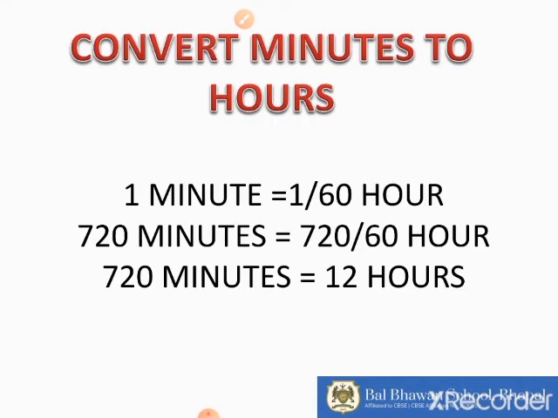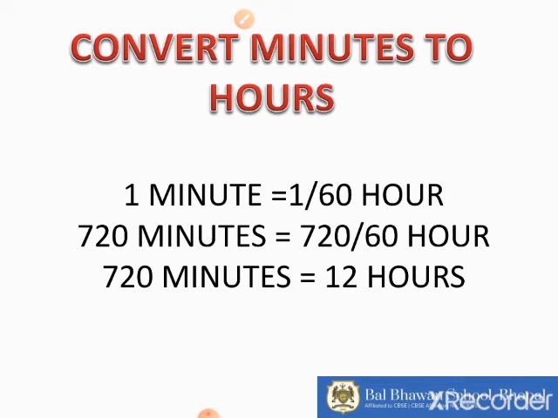Let us see some more examples. In this example, we have to convert minutes into hours. Now, minute is a smaller unit as compared to hour. So, to convert minutes into hours, we have to divide by 60. For example, 720 minutes. To convert 720 minutes into hours, you are going to divide 720 by 60.